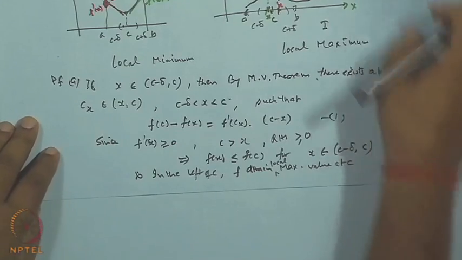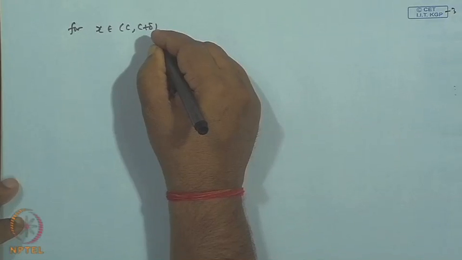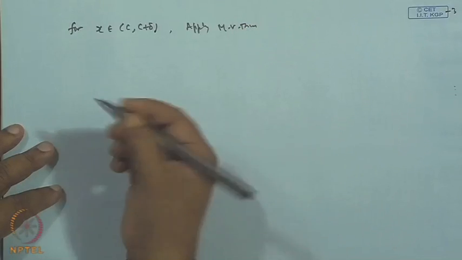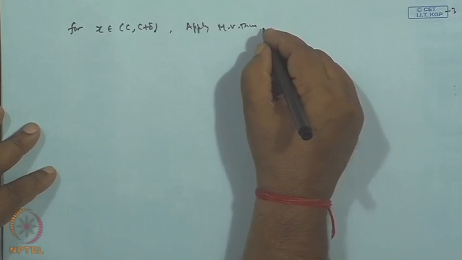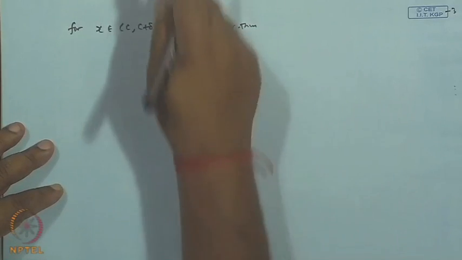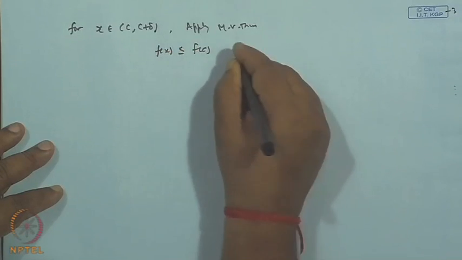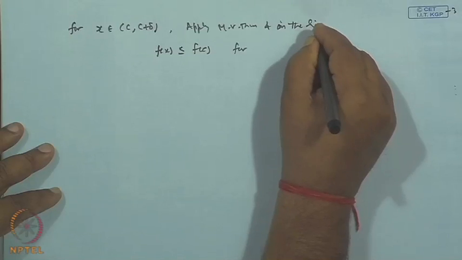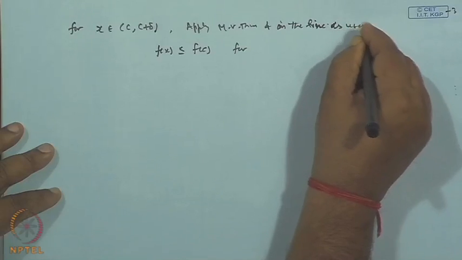Now, on the other hand, if I take x belonging to c to c plus delta, and again apply the mean value theorem, then there exists some c x, by the mean value theorem over this, and we can say f of x is less than or equal to f of c, in a similar way and on the same lines as used earlier.